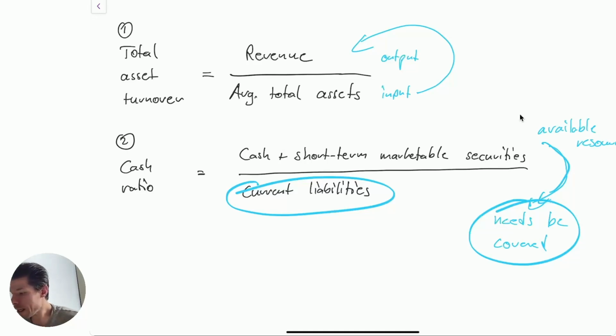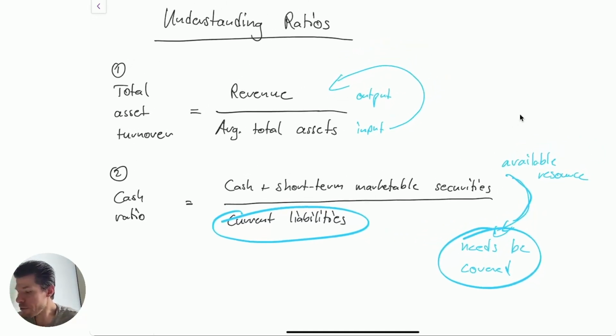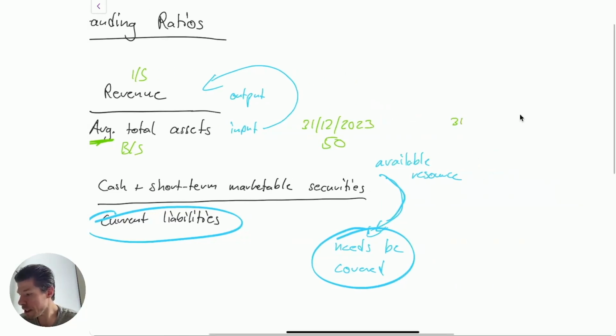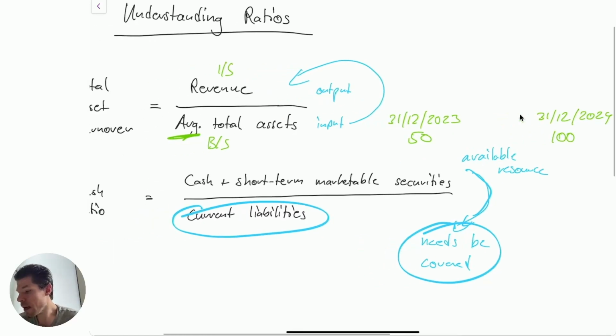Yeah. One minor point again, if you use income statement numbers, such as revenue with balance sheet numbers, we usually take a simple average, which means if your balance sheet at the end of 23 is 50 total assets, and then 1 year later is 100, then our average total assets we would use potentially 75, which is 50 plus 100 divided by 2, and then we would use the revenue figure.